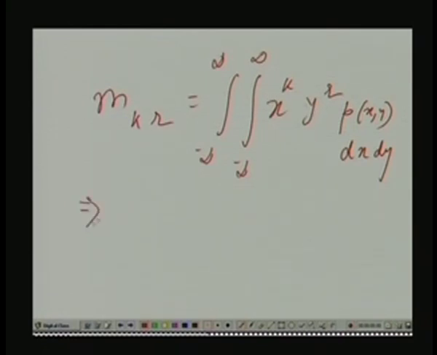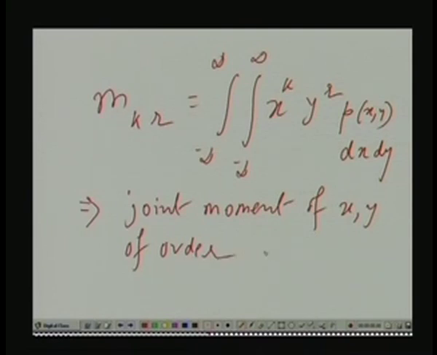This will be called the joint moment of x and y of order n equal to k plus r. So, it is very much similar to the moment that we dealt with for a single random variable case. It is a generalization of that to two variables.